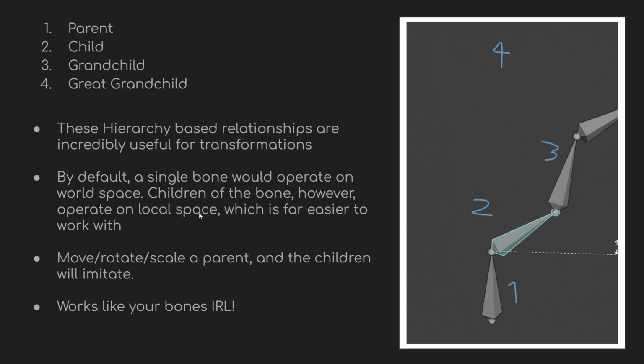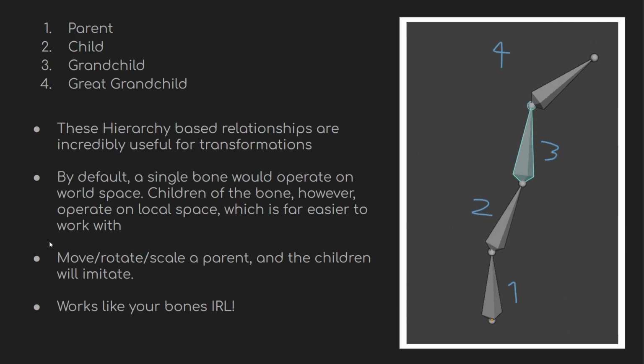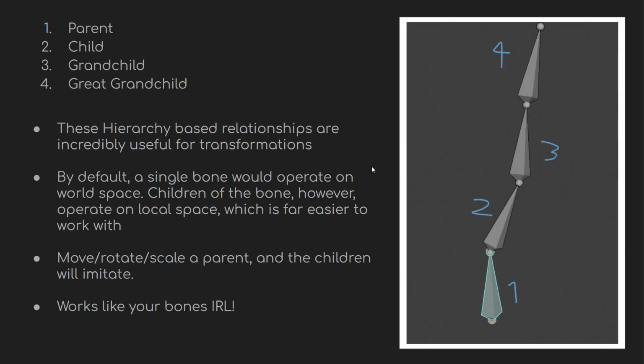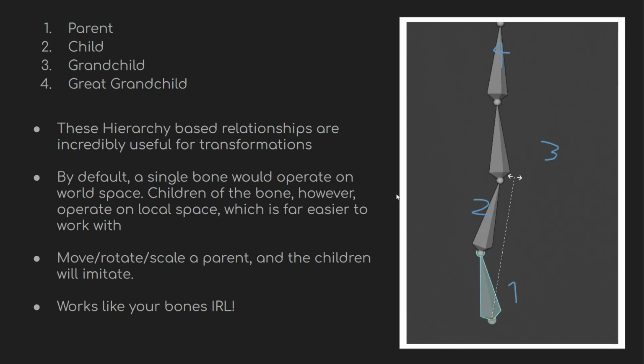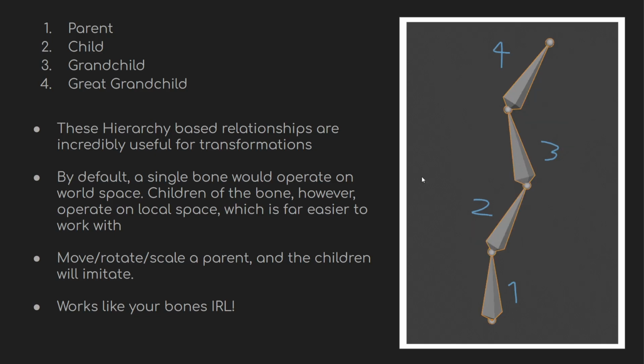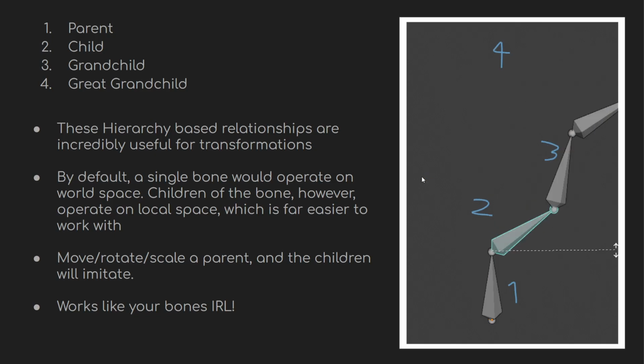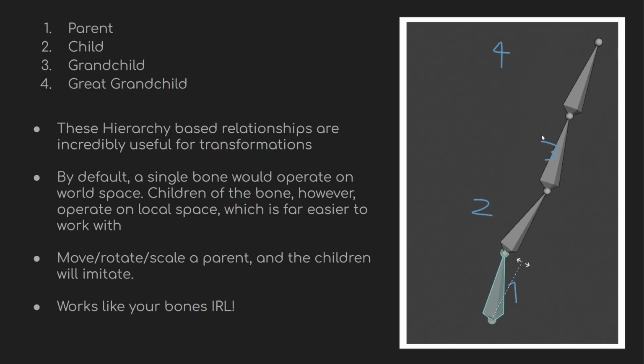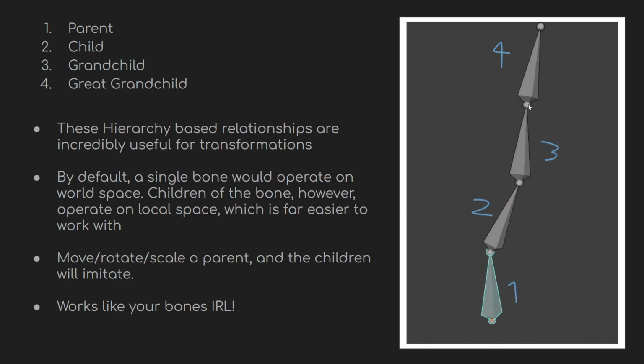By default, a single bone would operate on world space, which means it transforms based on just the world origin. But when you have bones all parented together in a hierarchy like this, the children operate on local space, which means it's far easier to work with transforming, because they pivot around the tail of the parent bone. The head parents on the tail of the parent bone.